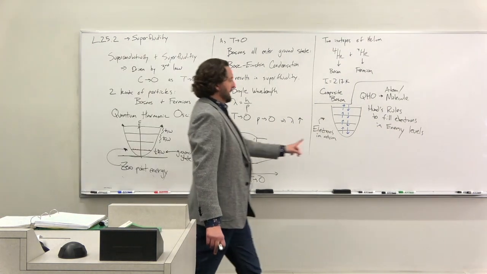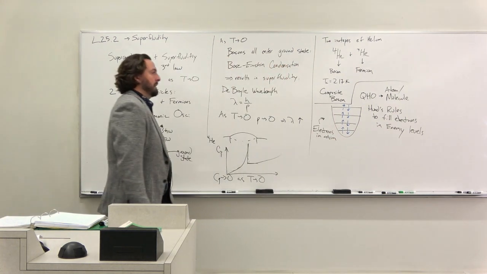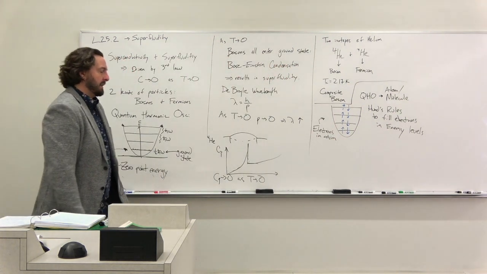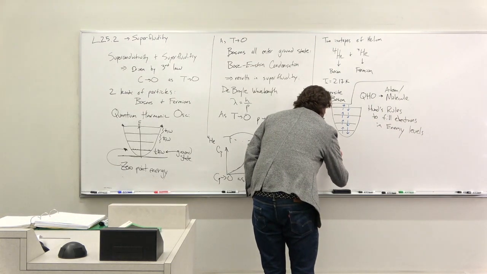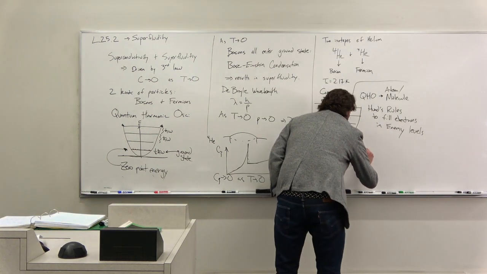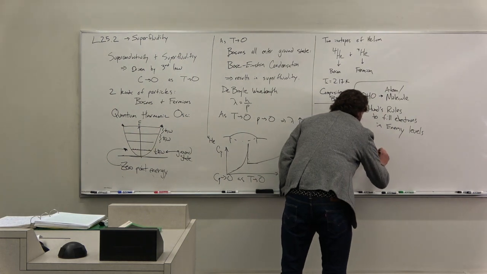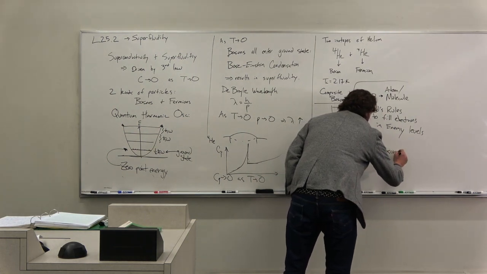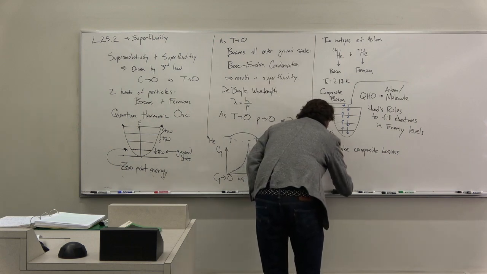Is it possible to make these fermions into a superfluid or a Bose-Einstein condensate? And the answer actually is yes. But you have to make composite bosons. So you actually have to make what's called a Cooper pair.